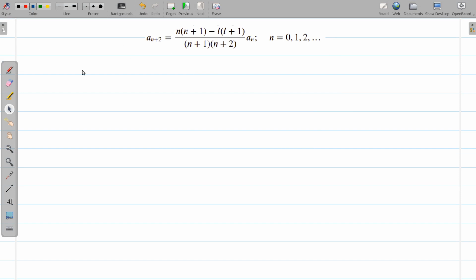If L is an integer, that is, the value of L could be 0, 1, 2, 3 and so on, then we have these different coefficients: A0, A1, A2, A3, A4 and so on.